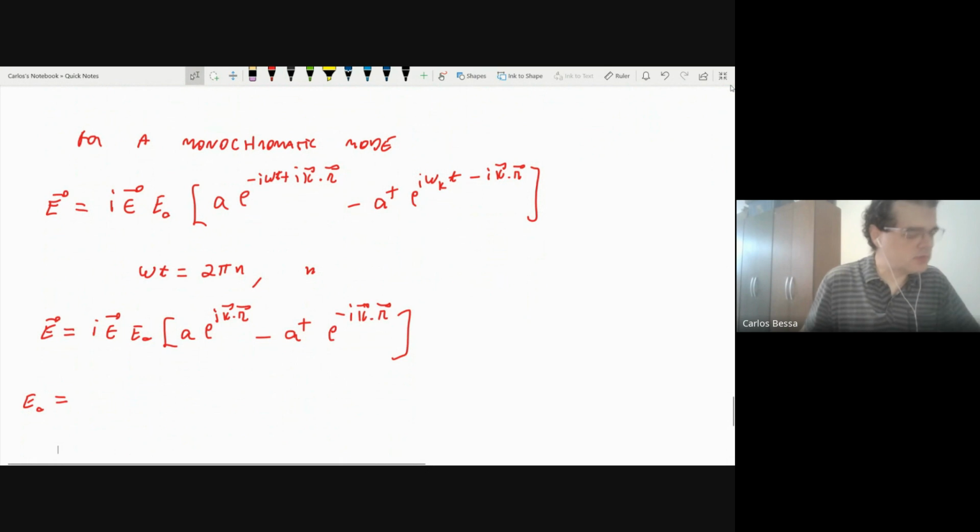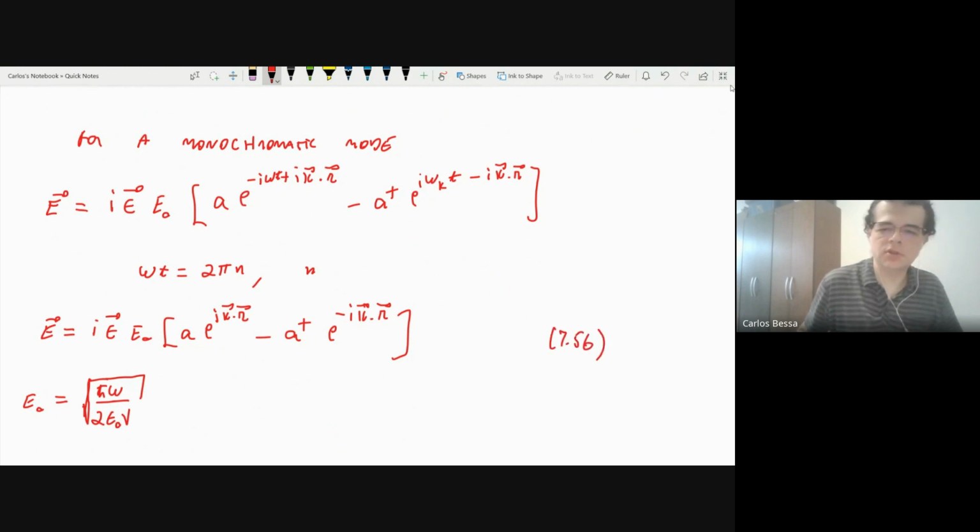So E0 is just this, h bar omega over 2 epsilon 0 V. Okay, so this is expression 7.56. But this is just the field strength.